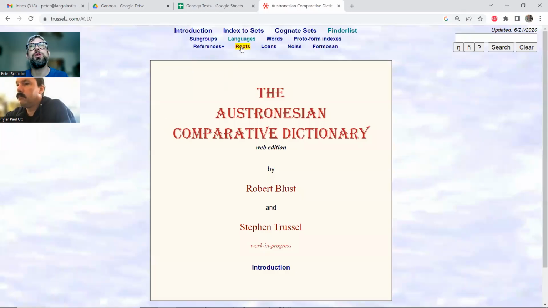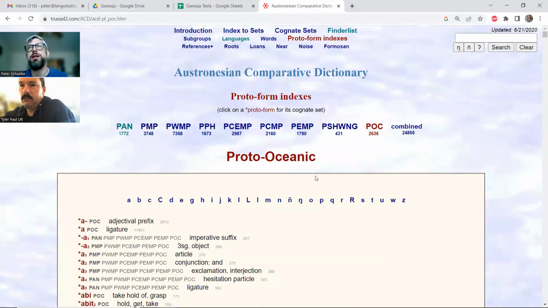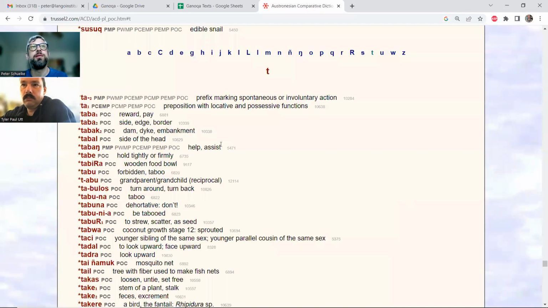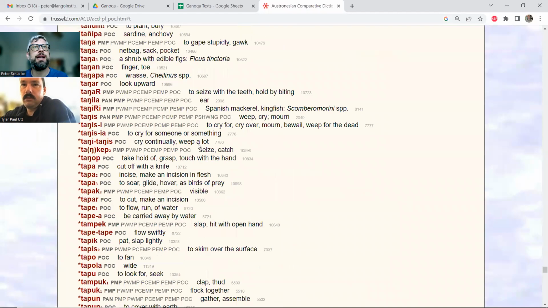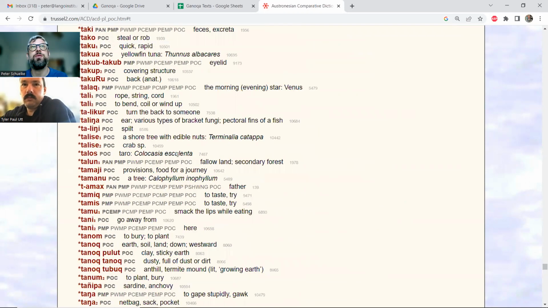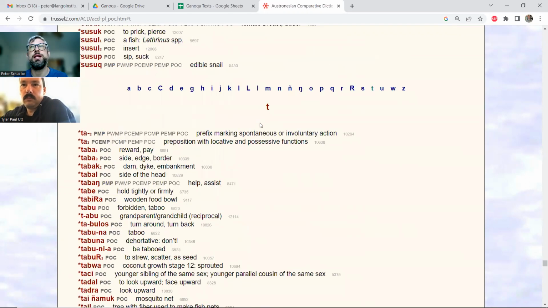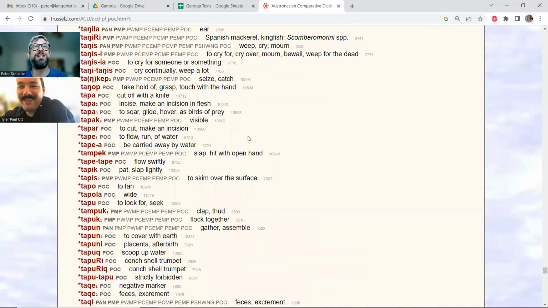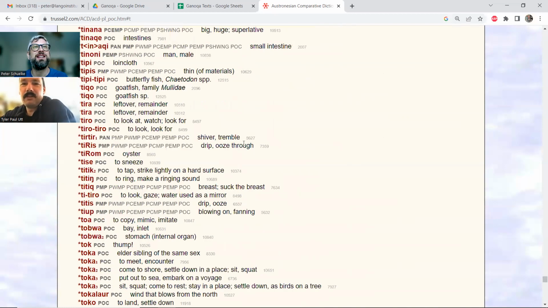It's worth mentioning in case you're working on one, and it's one of the things that we have to offer. Let's go to protoform indexes, Proto-Oceanic. I'm going to go all the way to T. I'm looking for TI. So I should have just clicked TI since it's provided for me. It is at some points in the dictionary. Okay. Here we go.